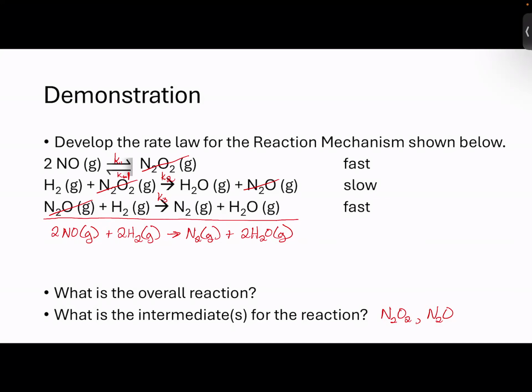Why? Well, first of all, the rate law is dependent upon the slow step. So we write the rate law for our slow step, and we get rate is equal to K times the hydrogen times dinitrogen dioxide.